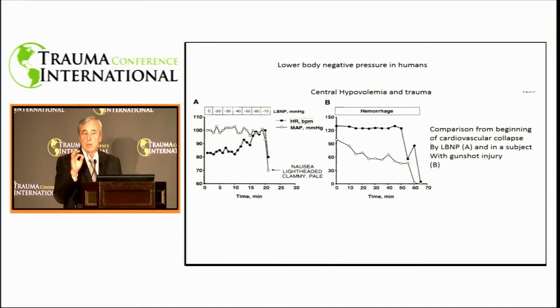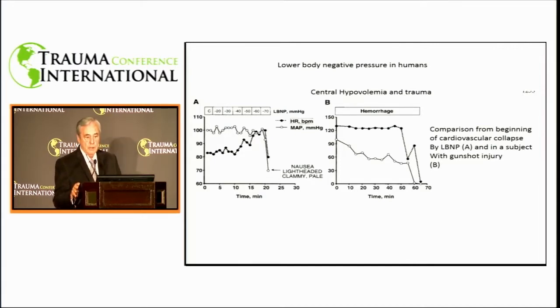So here we have two different situations, one achieved by true hemorrhaging in a patient in an intensive care unit. His arterial pressure is dropping because of hemorrhaging after 50 minutes, and the other one where we have negative pressure in the lower body, and when it reaches minus 70, pressure falls rapidly, just as if it had had that blood loss.